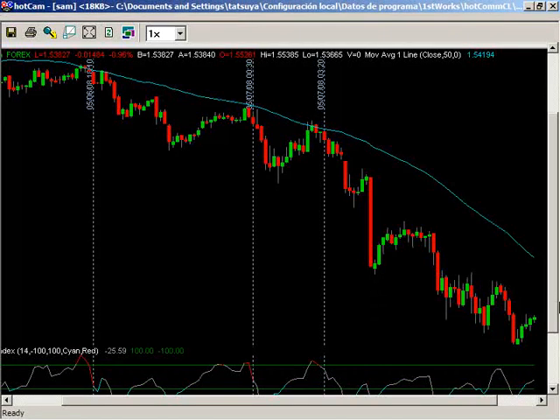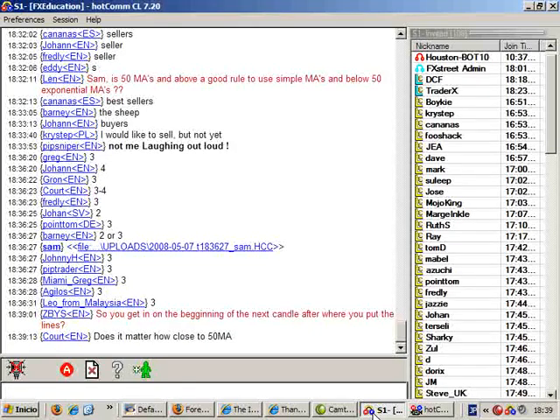All right, let's move to a different area here. What we've been looking at here are really shorter term charts.